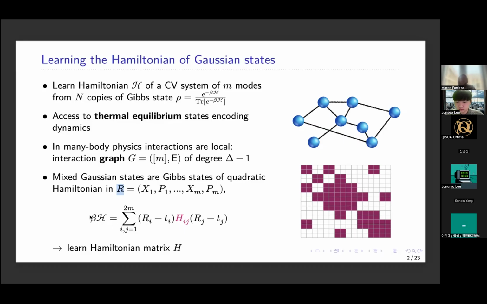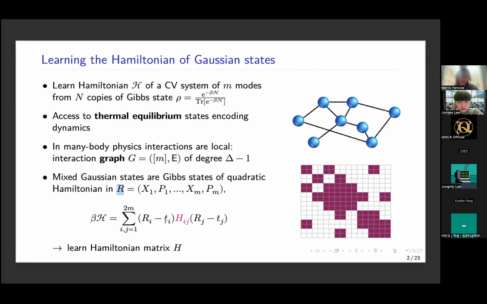So in particular, beta, which is the inverse temperature and is a scalar, times the Hamiltonian operator can be written using this formula, where the T_i are multiples of the identity operator times, in this case, the first moments of the state.